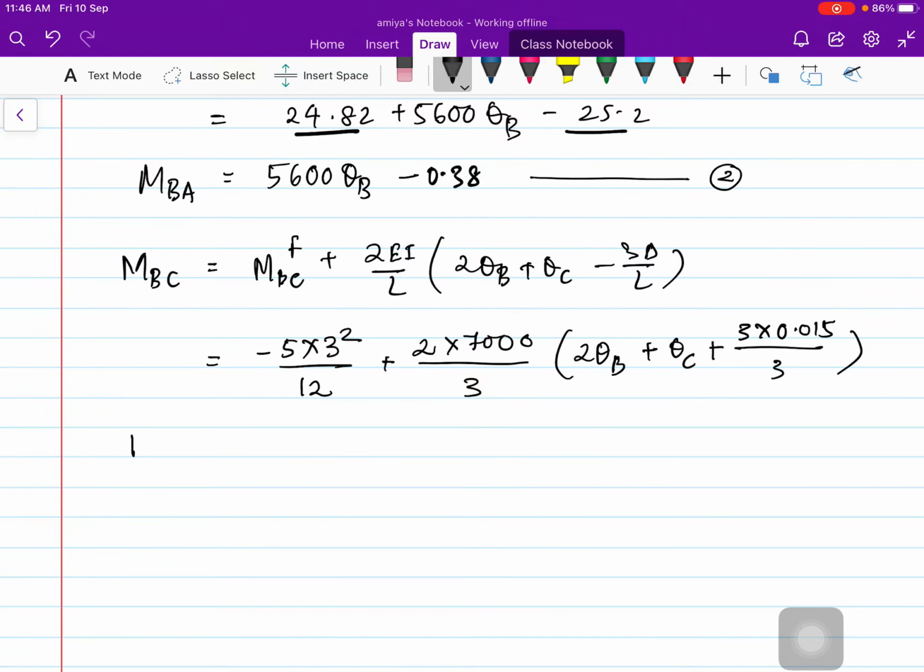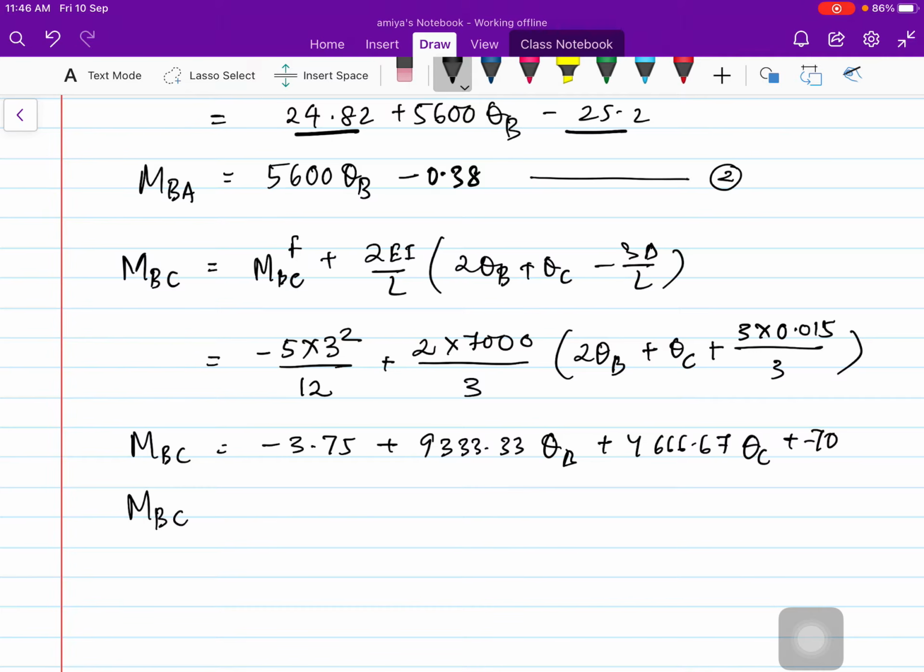So this gives minus 3.75 plus, if you multiply this, 9,333.33 theta B plus 466.67 theta C plus 70.